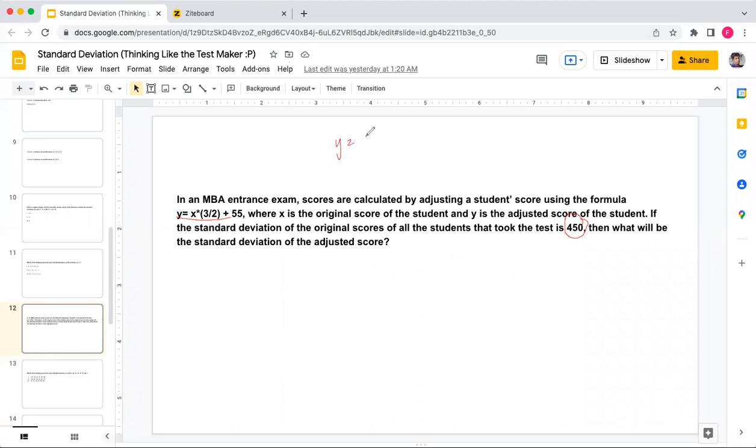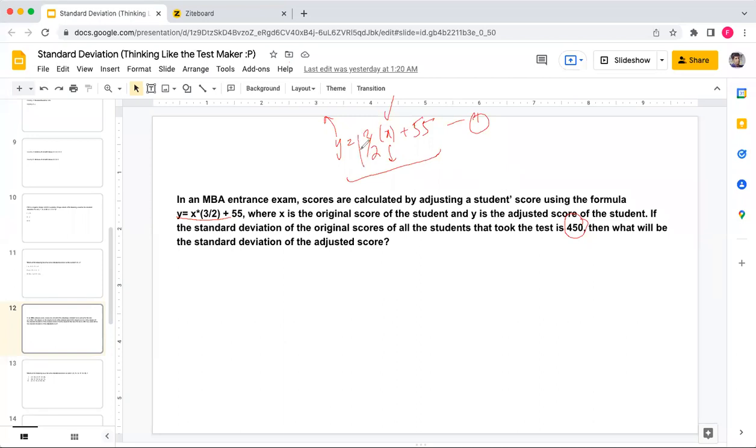We have the formula Y is equal to 3 by 2 into X plus 55. X is the old score and Y is the adjusted score. Whatever the new scores are, they can be found using this formula. We know the standard deviation of the old one is 450, the standard deviation of the original scores of all the students. Now, what will be the standard deviation of the adjusted score?